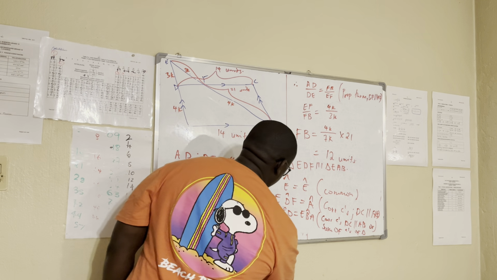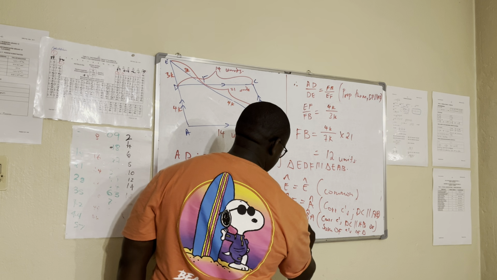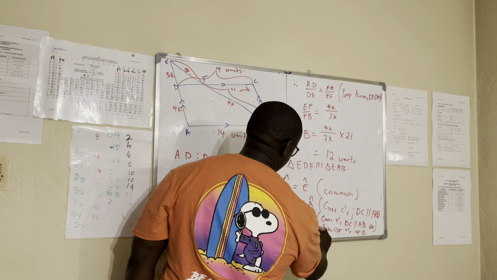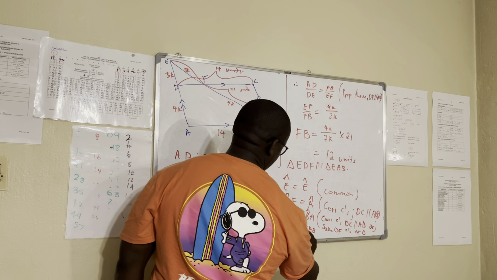So therefore, we can conclude that triangle EDF is similar to triangle EAB.